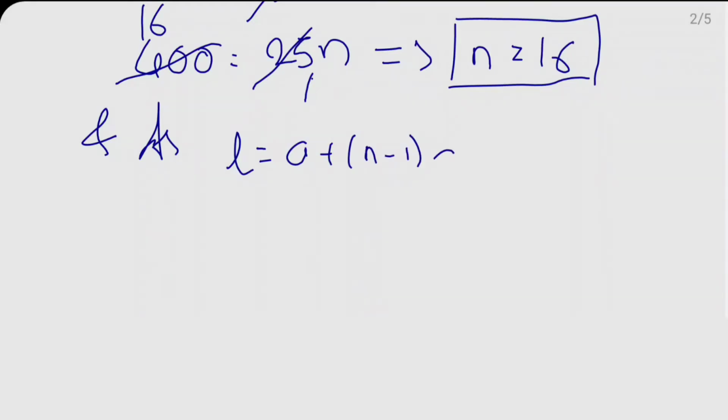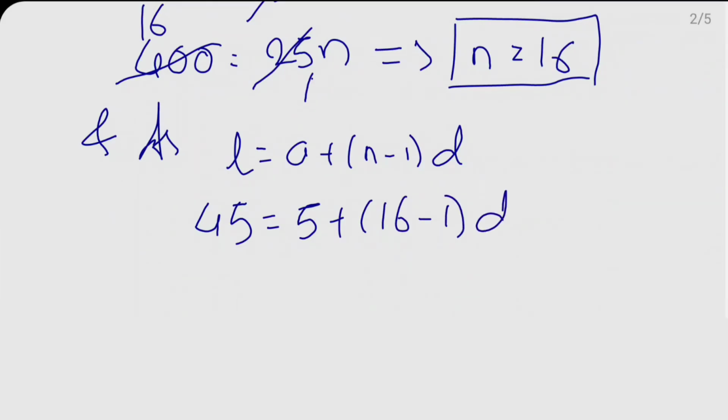And now we want to find d, and as we know, L equals a plus (n minus 1) into d, or an equals a plus (n minus 1) into d, both are the same here. The last term is 45, a is 5, and n is 16. So 45 equals 5 plus (16 minus 1) into d.